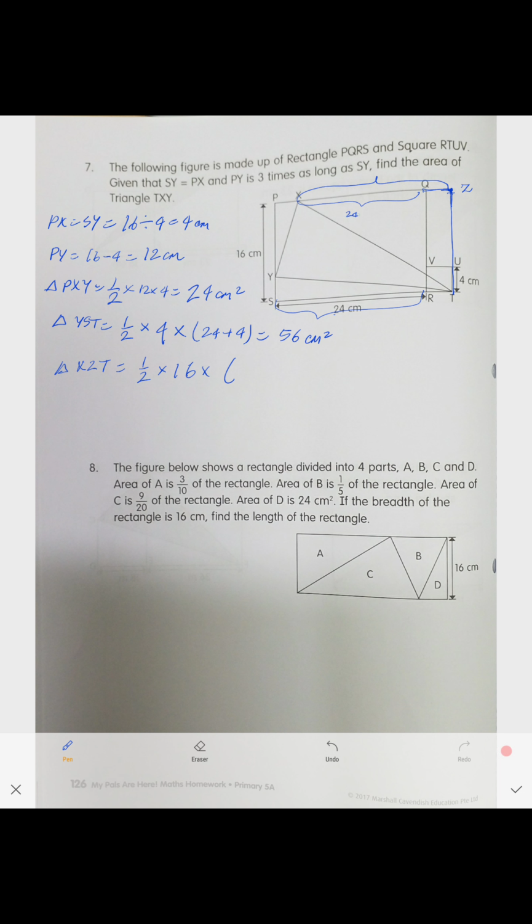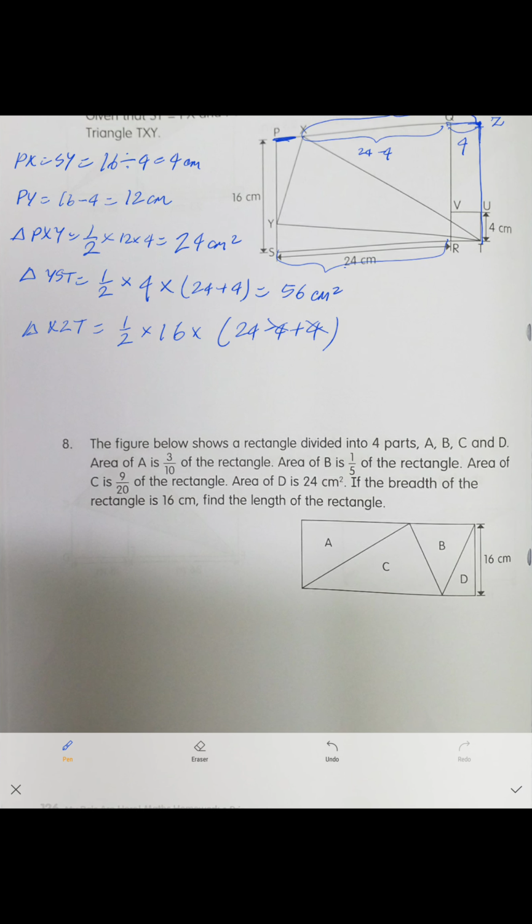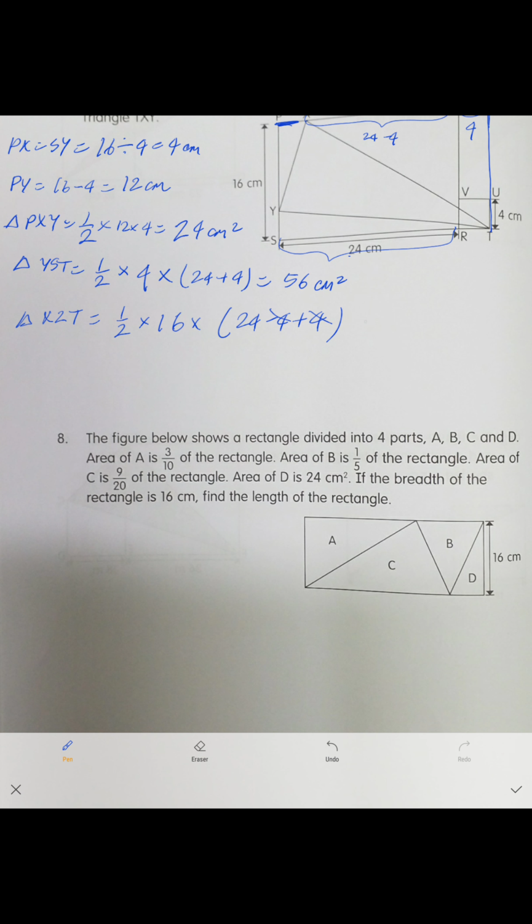So it's 24 minus 4 minus this, and then we put it again here. So 4, right? 24 minus 4 plus 4. Looks silly, but this is what it is. It's just going to remove each other. And then you calculate your thing, 192 square centimeters.